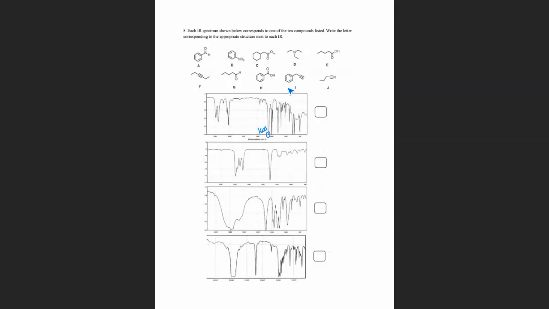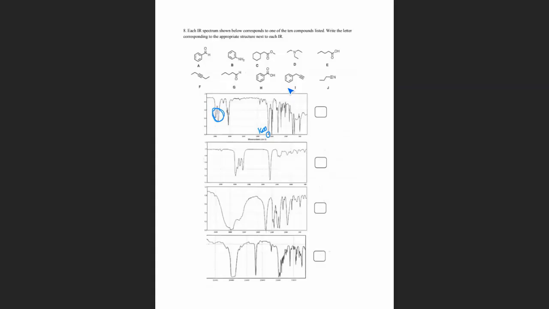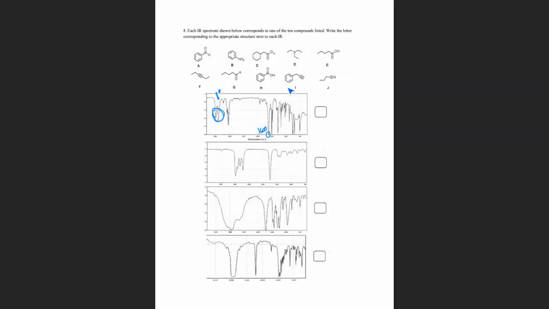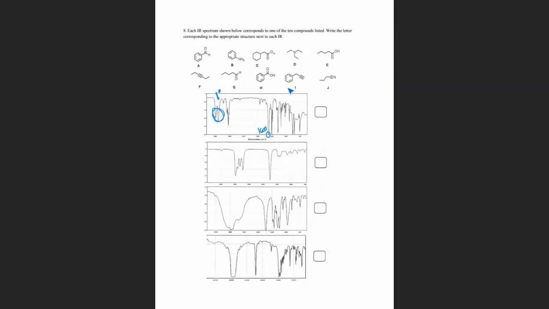However, we are accompanied by these 2 peaks over here, and whenever you see peaks over there, that signifies an amide or an amine. Because we have 2, that means it is a primary amine or primary amide. It wouldn't be an amide, because we are missing the 1700-ish peak.